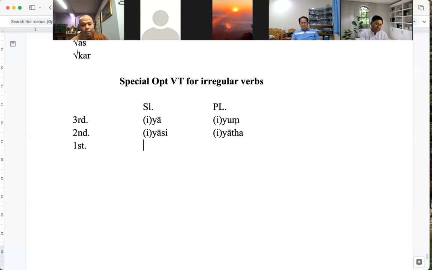For the first person, ya mi, singular. The same way, ya ma. So these are special optative verb terminations for the irregular verbs.